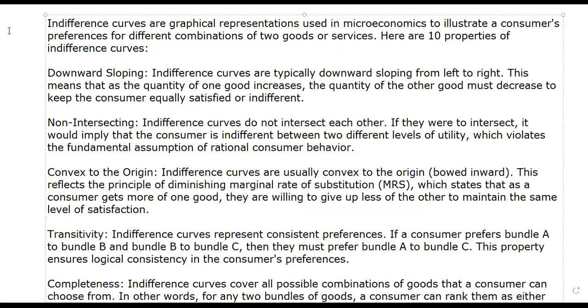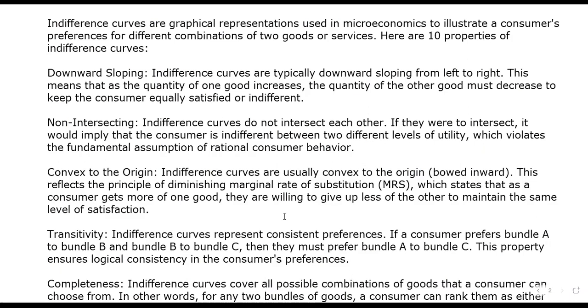Indifference curves are simply graphical representations used in economics to illustrate consumers' preferences between two goods. They're downward sloping, which simply means that they slope from left to right. It means that as consumption of one good increases, you are going to decrease consumption of the other.